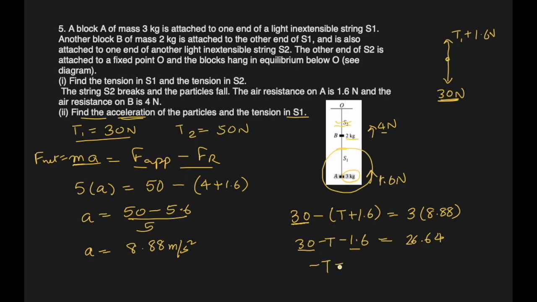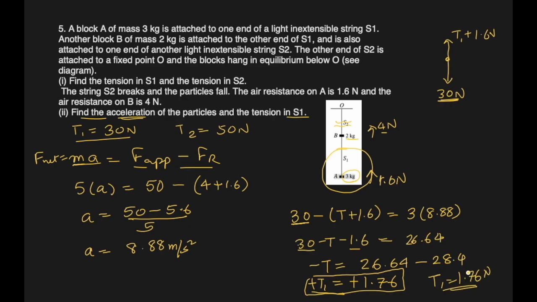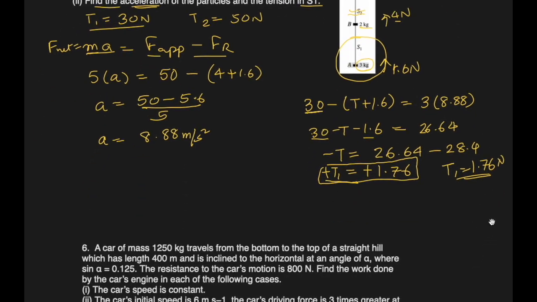So 28.4 minus T is equal to 26.64, and when 28.4 comes to the other side, it becomes negative: minus T equal to minus 1.76. So this cancels out. Tension T1 in this case is 1.76 newtons.